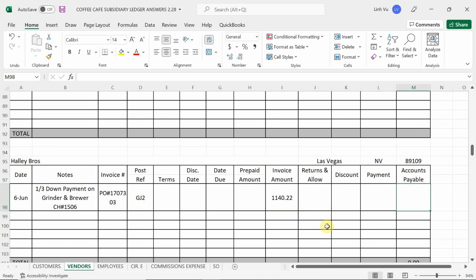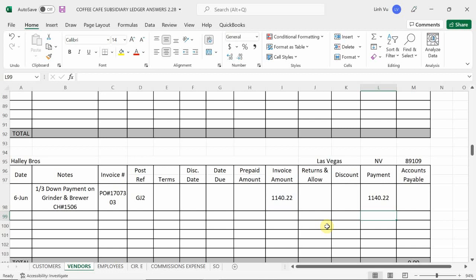And of course, because we had a down payment, this is where I'm going to say, yes, I paid using check number 1506. Now, question here is, what about the prepaid amount? Didn't we make a prepayment? Yes, we did. And I'm going to show you what happens when we actually receive the bill, because that's where we're going to be actually using the prepayment account, when we receive the bill.